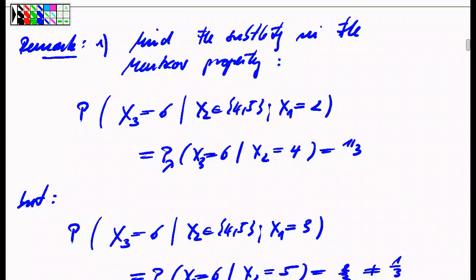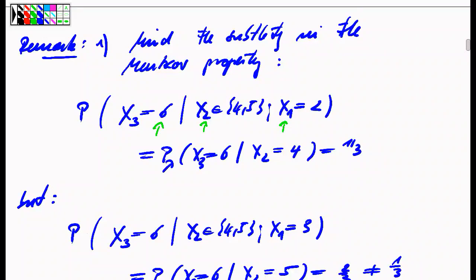Now we want to show that it really matters for the verification of the Markov property whether the latest observation, which you include in your set of observations for the computation of the conditional probabilities, is precise information or whether it involves a collection of states. To see this, let us assume we want to compute the following conditional probability, namely the probability for the process to be at position 6 at time 3, conditioned on the event that the process at time 2 was in one of the two states 4 and 5, and that in the moment even before that it was at position 2.